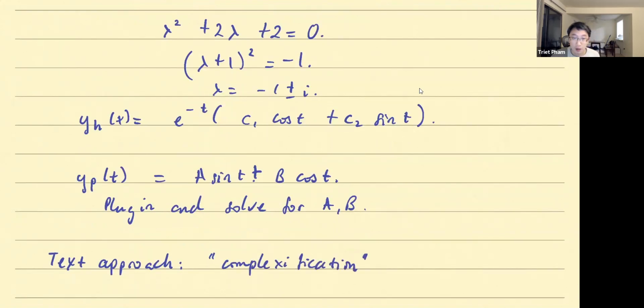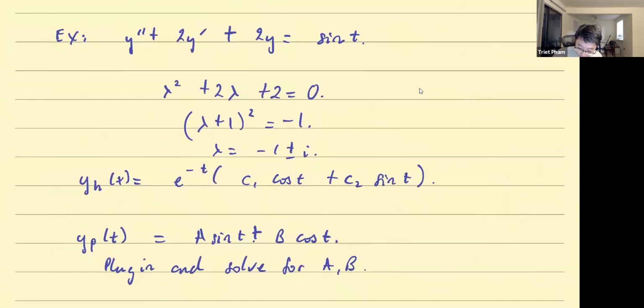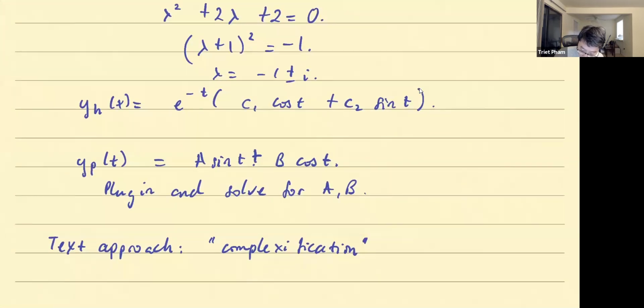It plays on the idea, again, of Euler's formula, that e to the i t is cosine t plus i sine t. Hold on, this is just the idea, not the step. The idea that they play on is this. But the steps that they would do are like this.